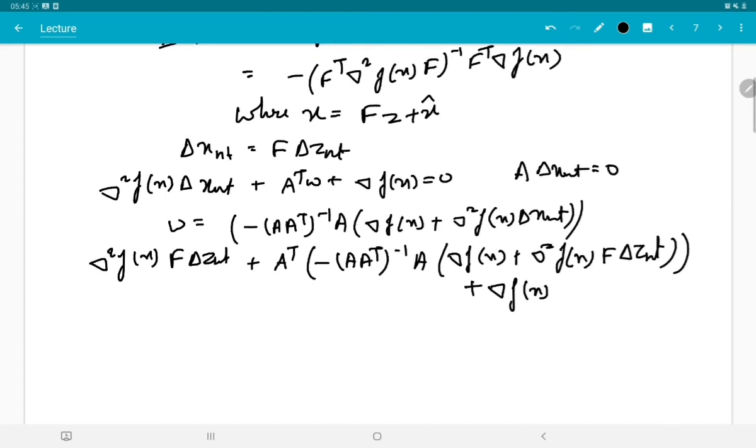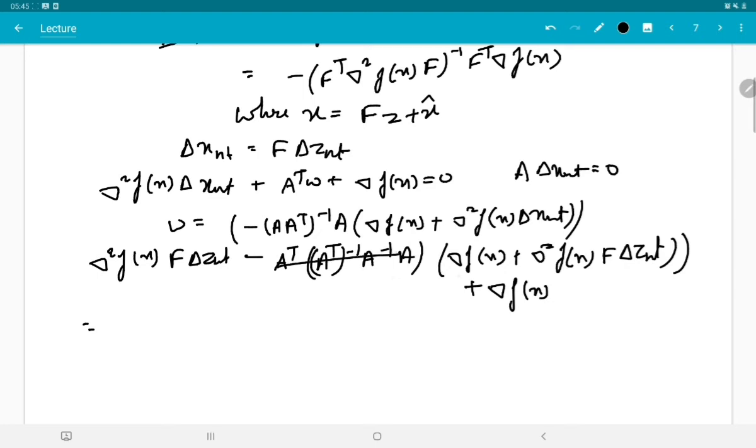We evaluate this term, and it should come out to be 0. This negative can be taken out here, and this is A transpose (A A transpose) inverse A times this thing.